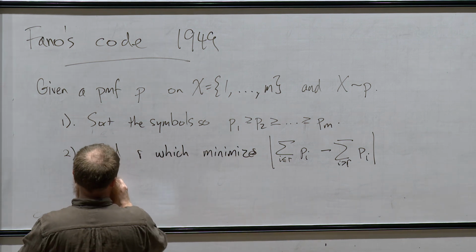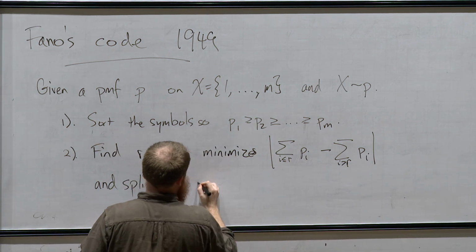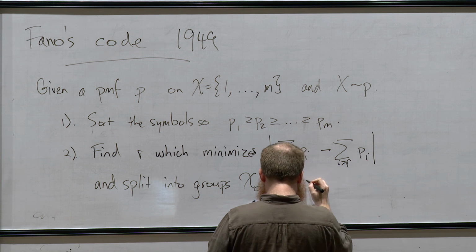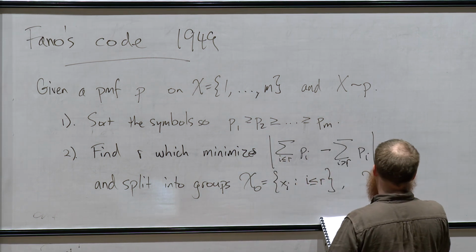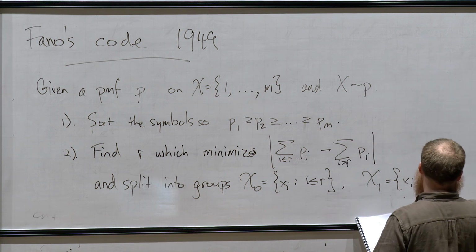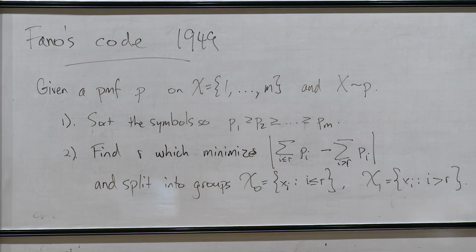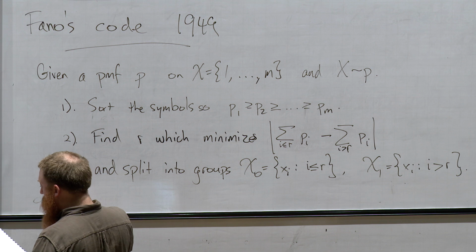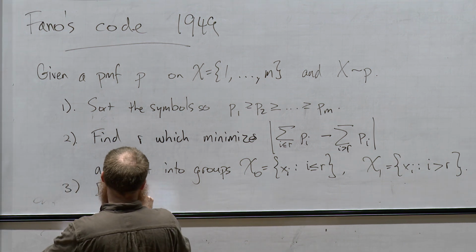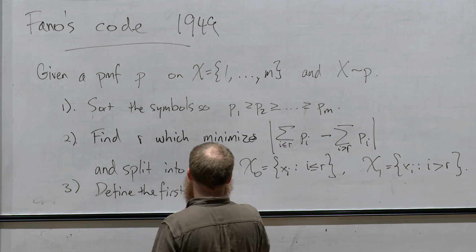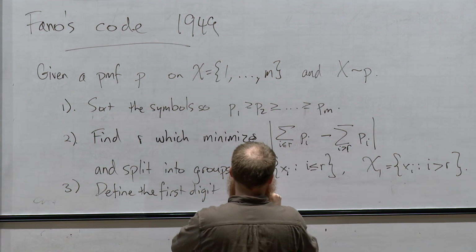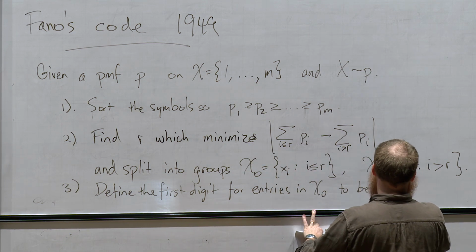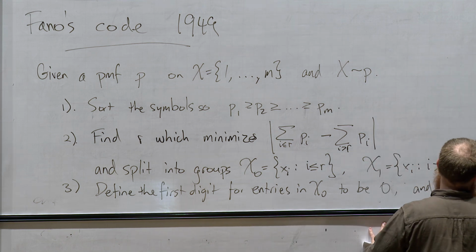Okay, and split into groups. X naught is the set of xi such that i is less than or equal to R, and X1 is the set of xi such that i is greater than R. Step 3, define the first digit for entries in X naught to be 0 and 1 for X1.